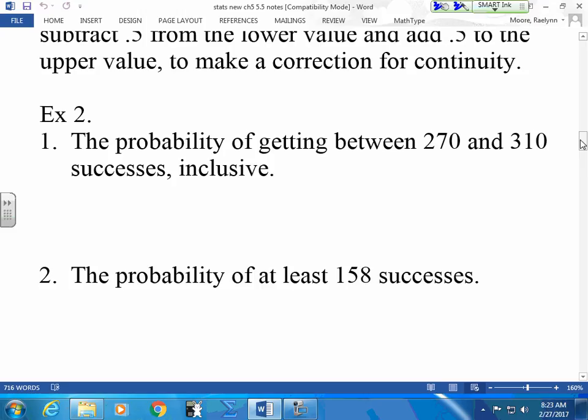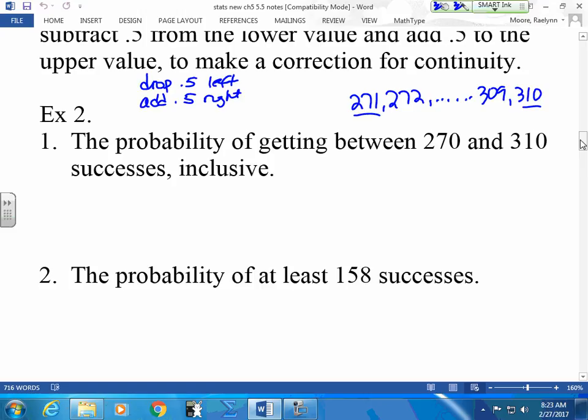Don't forget, these are whole numbers. I want 270, 271, 272. I start like this. I want all of these, dot, dot, dot, 309, 310. I want to include these guys. So my rule is, I'm going to subtract 0.5 from the left end, and I'm going to add 0.5 to the right end.